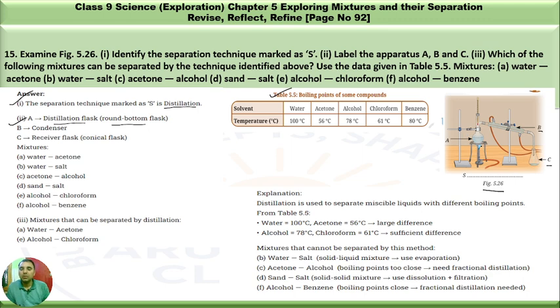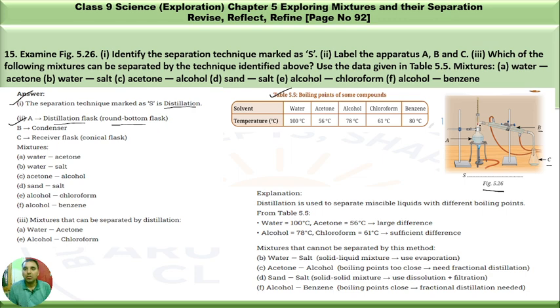kept on the Bunsen burner using a tripod stand, and a laboratory stand is also there, which is holding the round bottom flask in a vertical position.